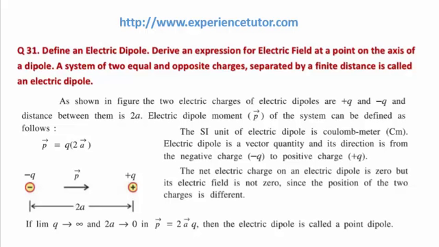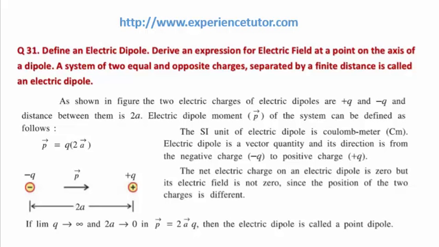Question number 31. Define an electric dipole. Derive an expression for electric field at a point on the axis of a dipole. A system of two equal and opposite charges separated by a finite distance is called a dipole. As shown in the figure, the two electric charges of electric dipole are plus q and minus q, and distance between them is 2a.